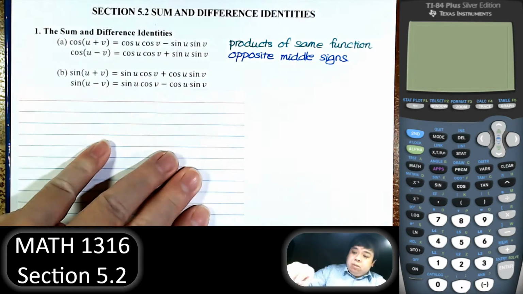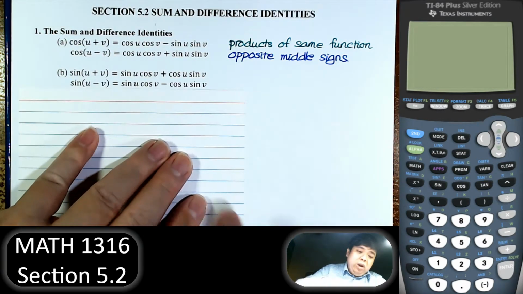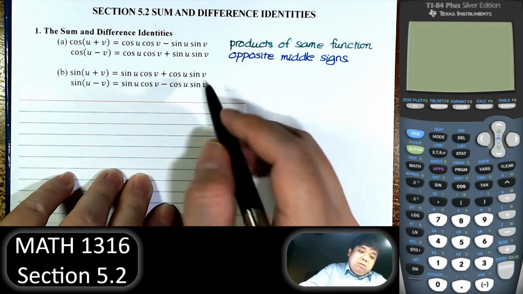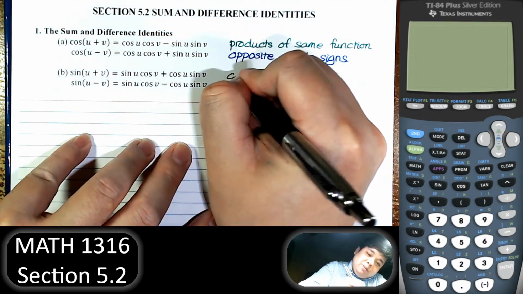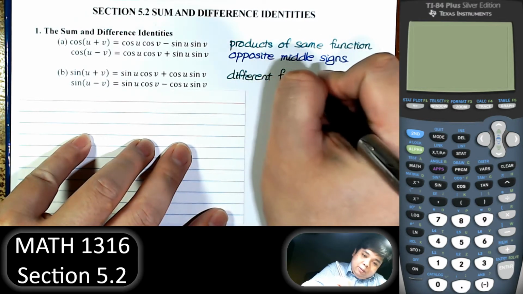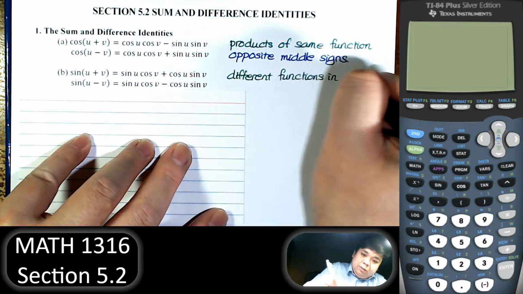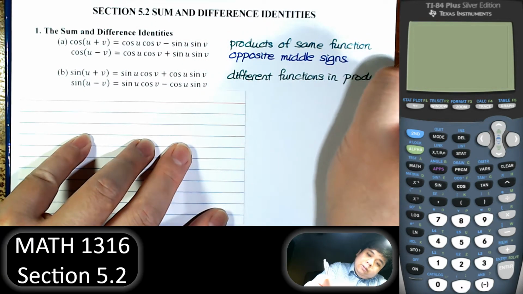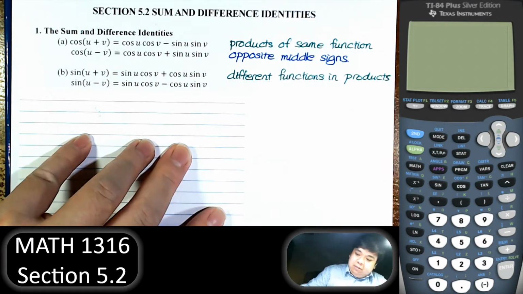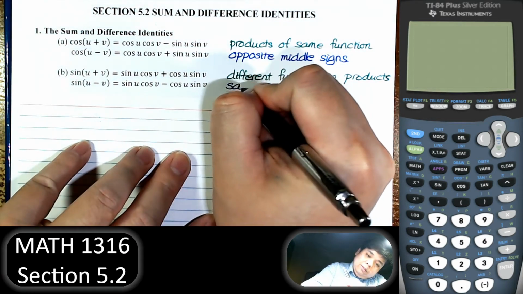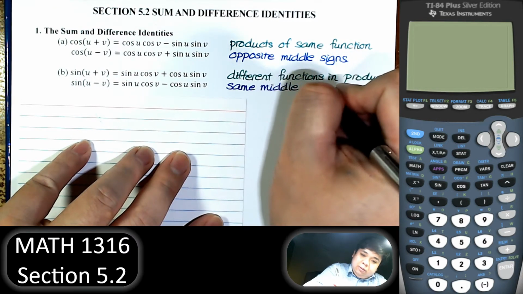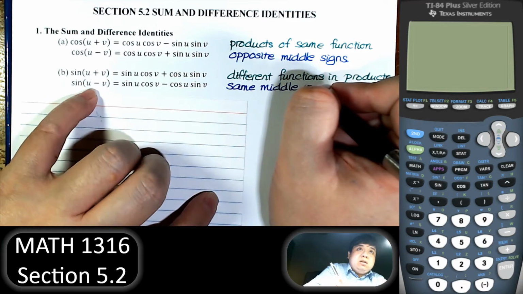If that's a minus, that's a plus. For sine, we have sine, cosine, sine. So it's going to be a product of different functions. But the sign in the middle is the same. If it is plus, that's a plus. If it is minus, it's a minus.